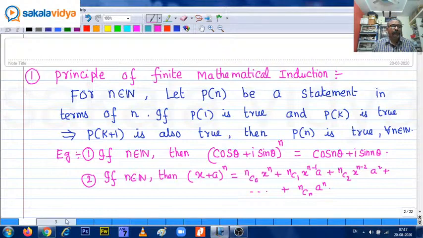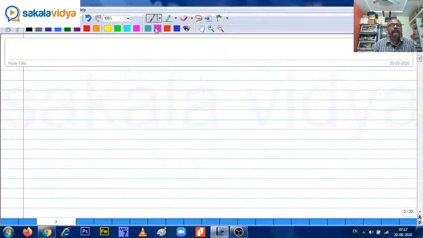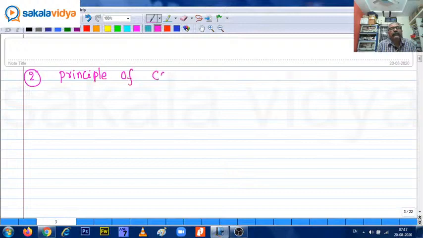Okay, now the second one, the principle of complete mathematical induction.